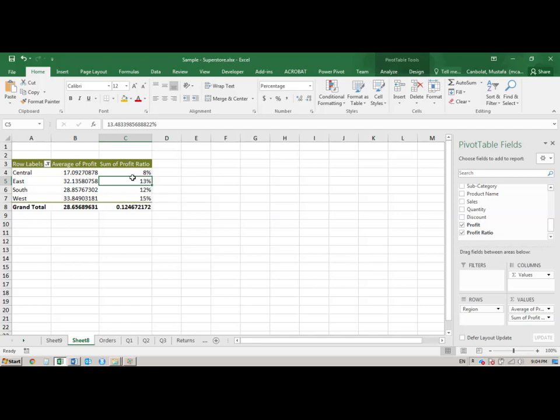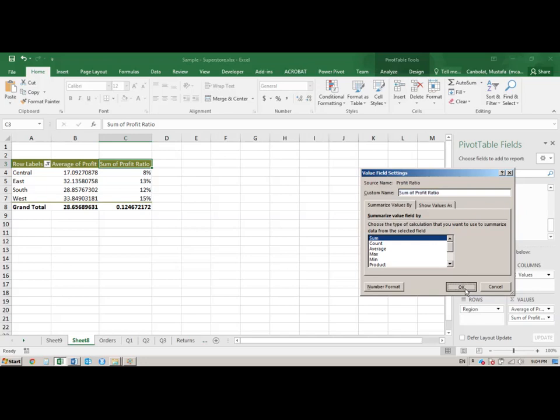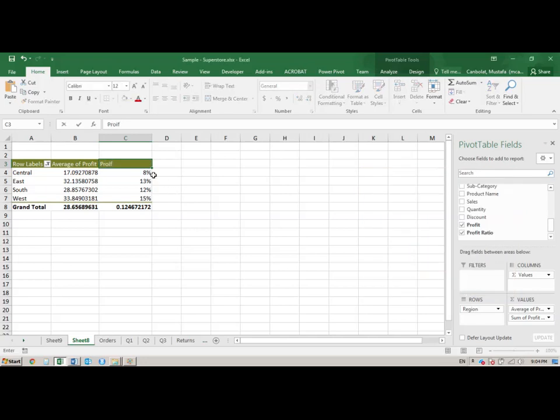Now, if I want to find out the sum of profit ratios, we could just call them profit ratio, and okay, it doesn't accept that because there's a field in the data with that name.